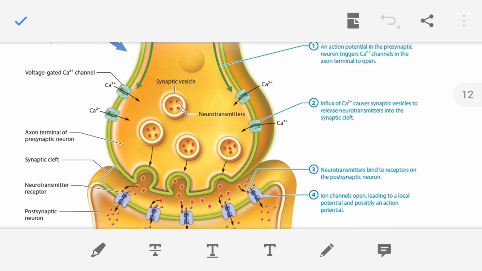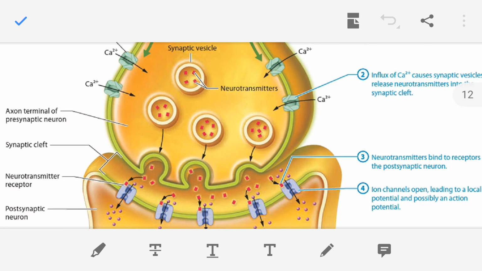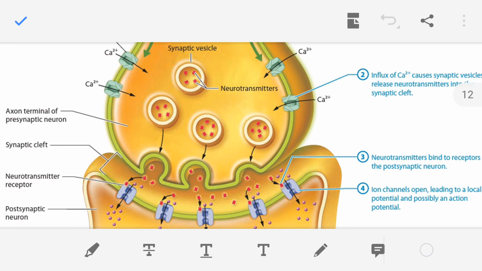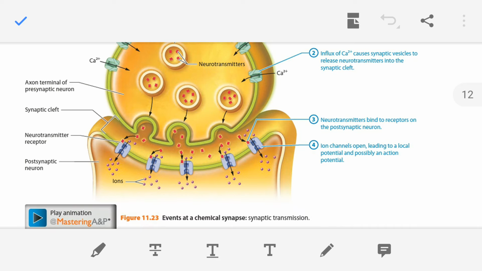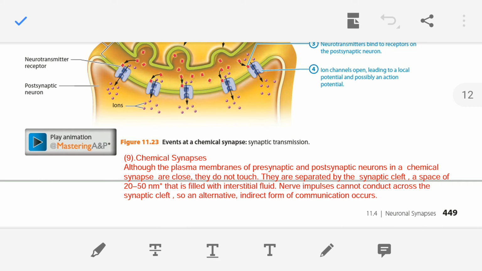But now the problem is this nerve impulse cannot directly travel into the postsynaptic neuron. It cannot cross the synaptic cleft. So there is a requirement of an alternative method by which the nerve impulse propagates to the postsynaptic neuron. And what is this alternative method that we are now discussing?